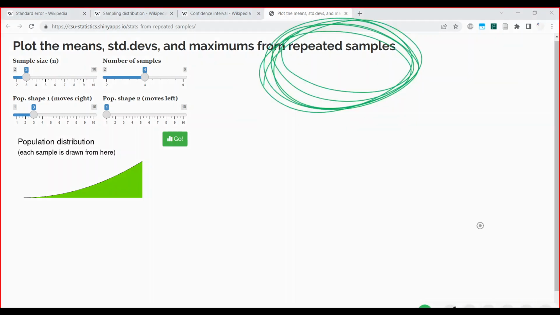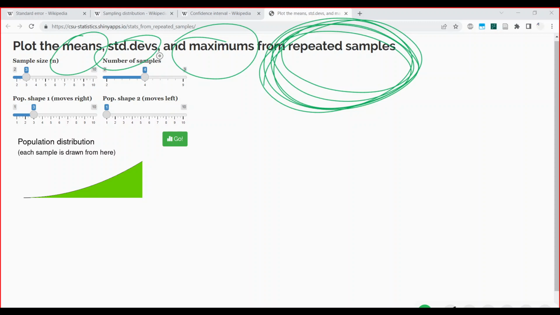So to start off with, repeated samples or repeated sampling. This is a fundamental concept in statistical inference. It refers to the idea of taking a sample and then performing some analysis on it, like computing a statistic, say a mean or a standard deviation or a maximum, and then doing that again, and again, over and over, taking repeated samples and performing the same kind of analysis on them.